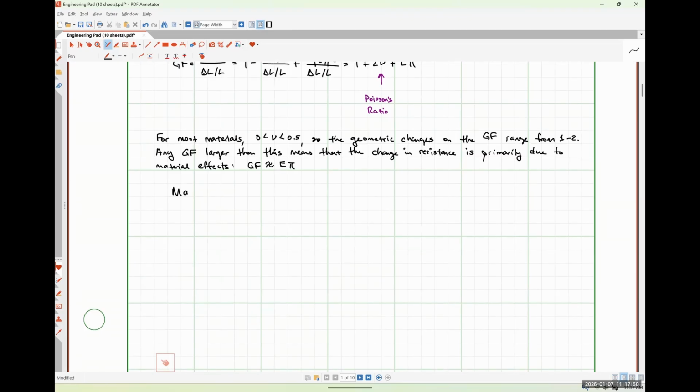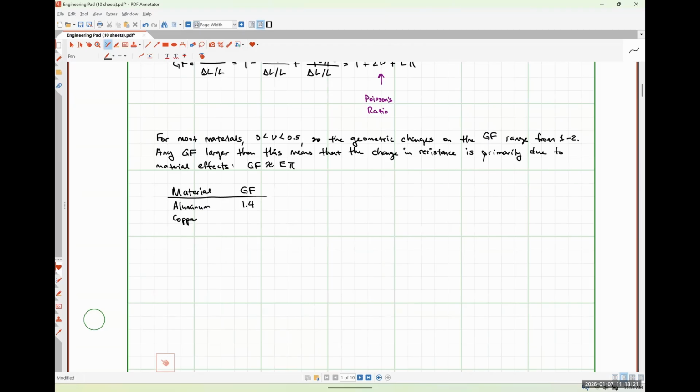I'm going to give you guys a brief table containing several materials that are used in both macroscopic and microscopic strain gauges, as well as their associated gauge factor. So aluminum has a gauge factor of 1.4, relatively low, right?